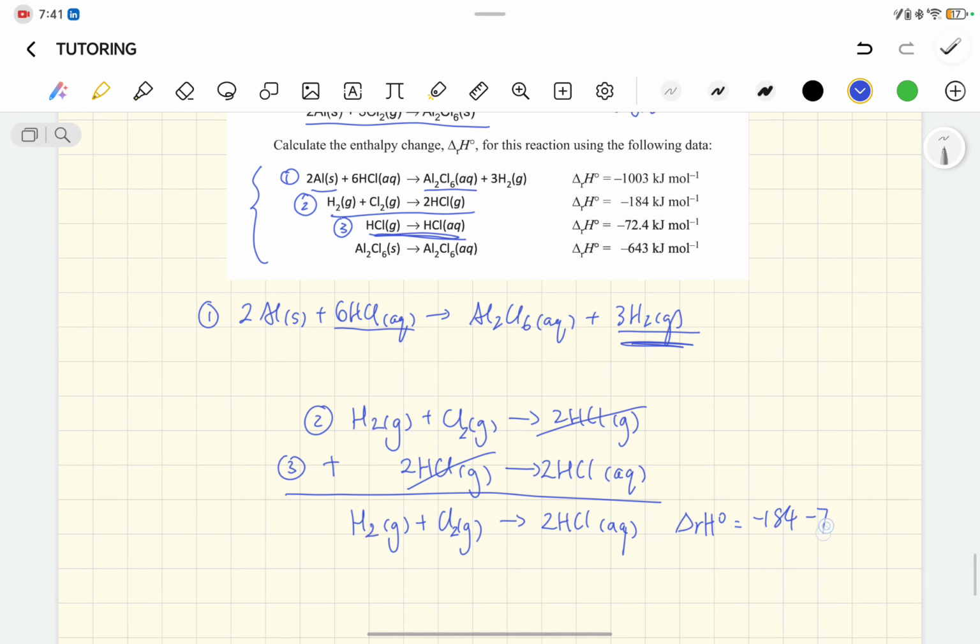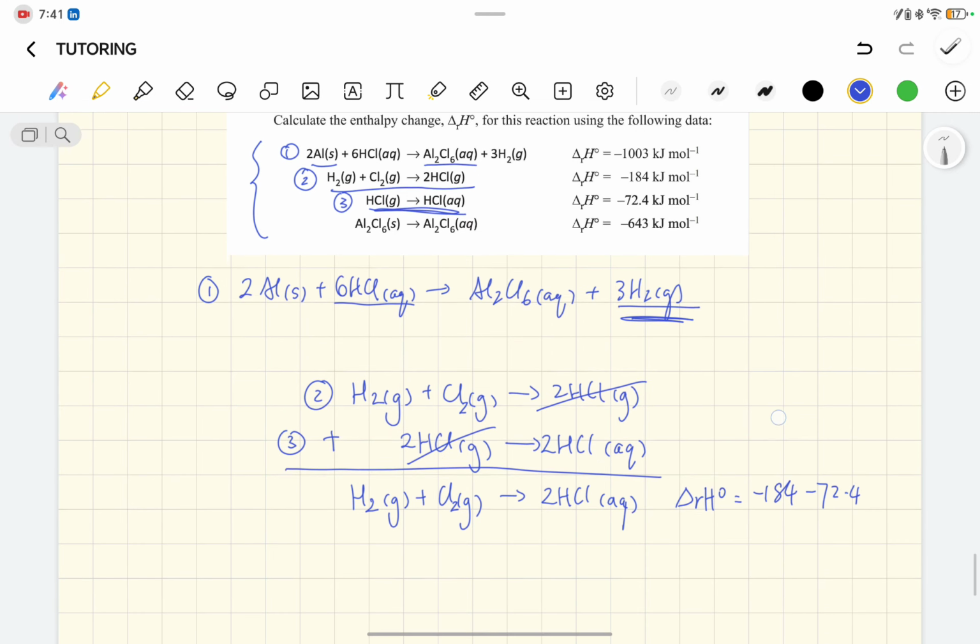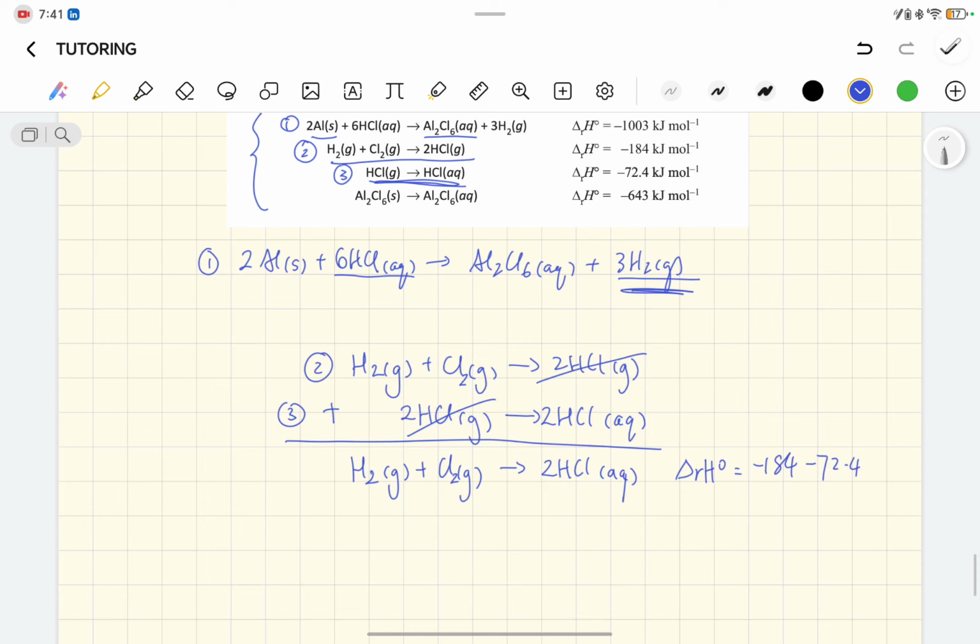So we take away -72.4 because we're adding a negative. But is that it? No, it's not, because look, we added it 2 times. So we need to multiply our reaction 3 by 2. And this gives -184 minus 2 times 72.4, which is minus 328.8 kilojoules per mole.